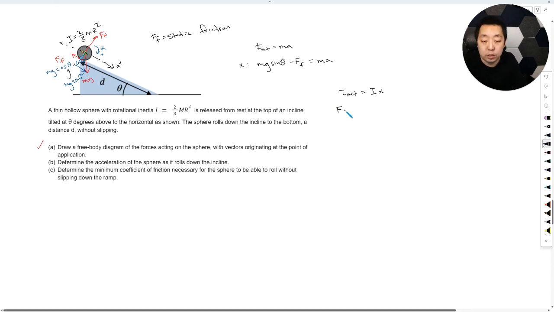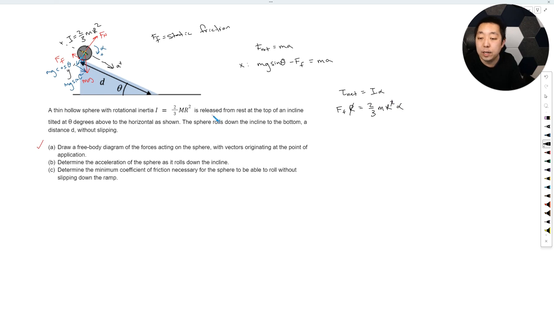So the torque is force of friction times r, because this distance is the radius, and it's already at a right angle to the frictional force, equals I, which is 2/3 mr squared, times alpha. One of these r's can cancel, and then we recognize that if we roll without slipping, v equals r omega, and also the linear acceleration of the center of mass equals r times alpha.